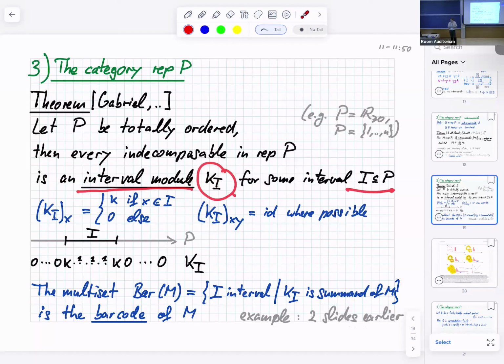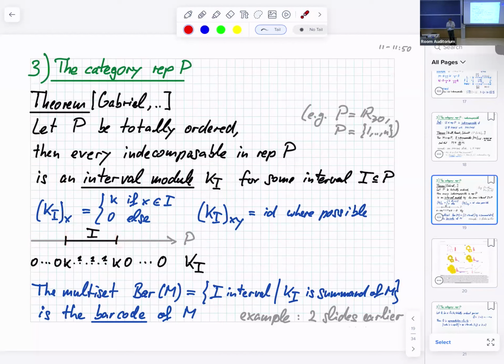So for some interval I of the poset, what is an interval in a poset when the poset is totally ordered? An interval is a connected subset, this one here. Everyone sitting between a starting point and an end point, that subposet is an interval. You agree this is an interval, right?